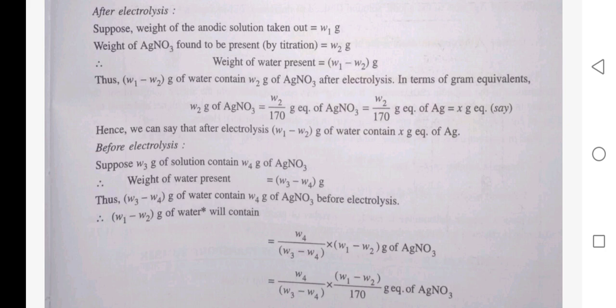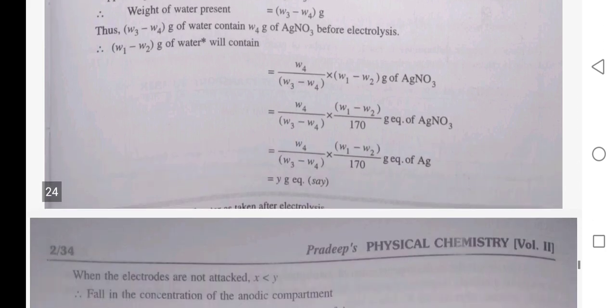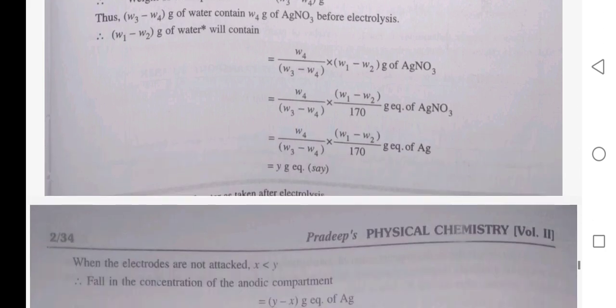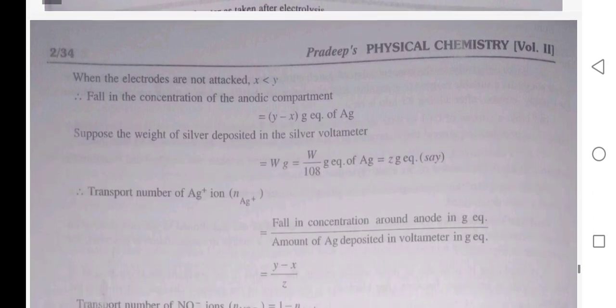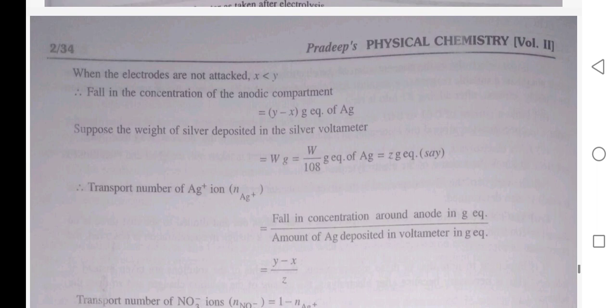W1 minus W2 gram of water will contain W4 upon W3 minus W4 into W1 minus W2 gram of AgNO3, and in gram equivalent, W4 upon W3 minus W4 into W1 minus W2 upon 170 gram equivalent of Ag, which can be said to be Y gram equivalent. When the electrodes are not attacked, X is less than Y, a fall in concentration of the anodic compartment. The fall is Y minus X gram equivalent of Ag.